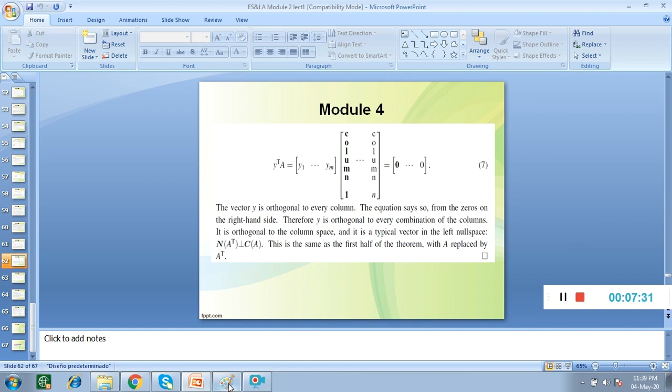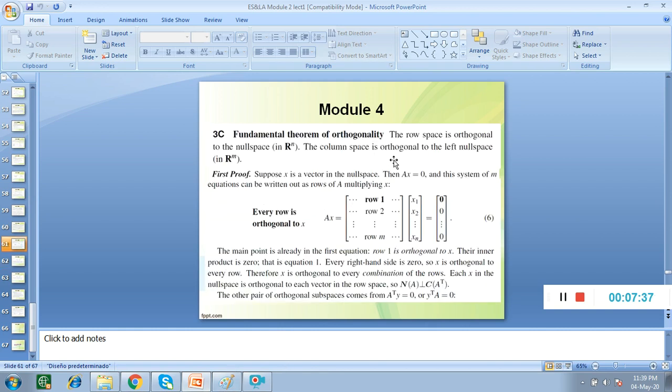So the left null space is as given: the column space is orthogonal to the left null space. Means it has to be on the left side, otherwise it won't get multiplied. That's the meaning, and this is one of the important theorems in this orthogonality.